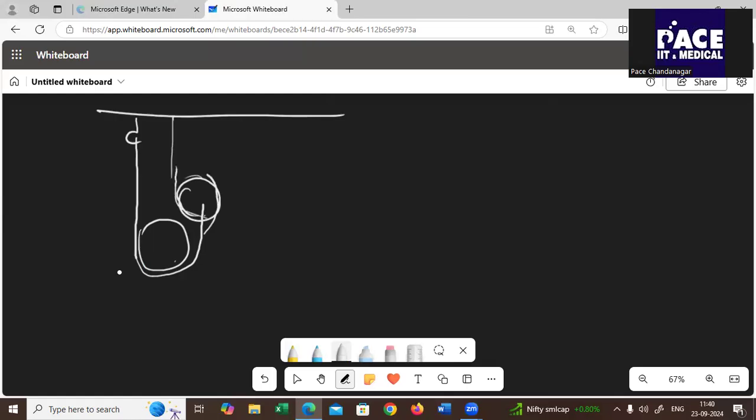Like this, it goes on multiple times. Another pulley here, and then another hook here, and then like this. So it's like multiple pulleys connected one after the other, right?